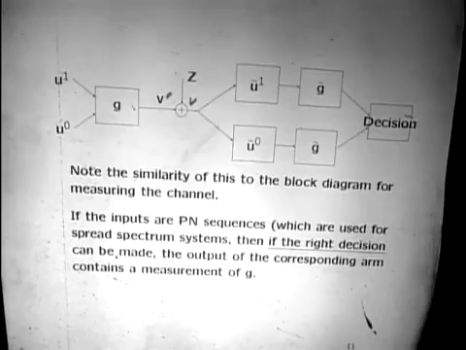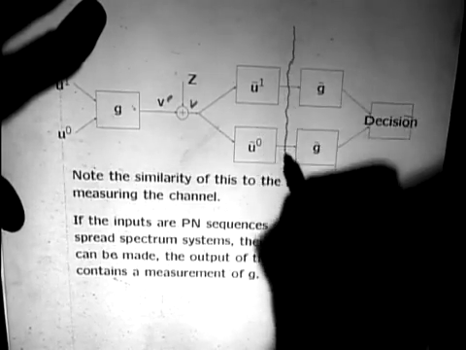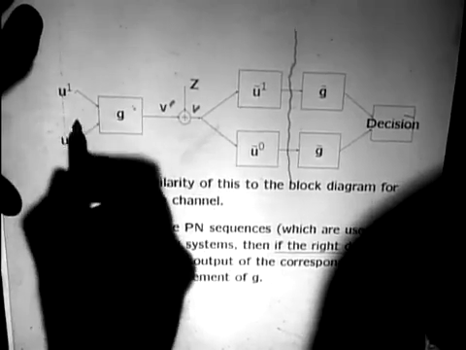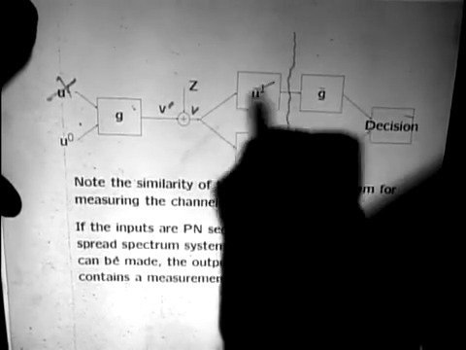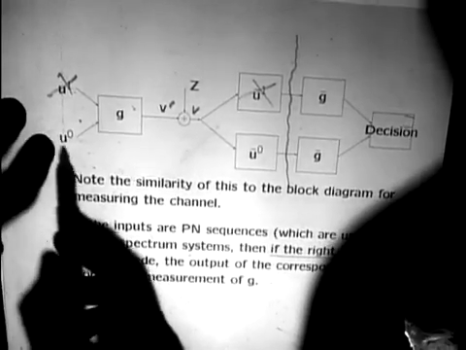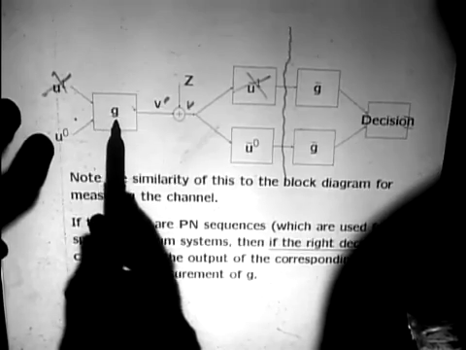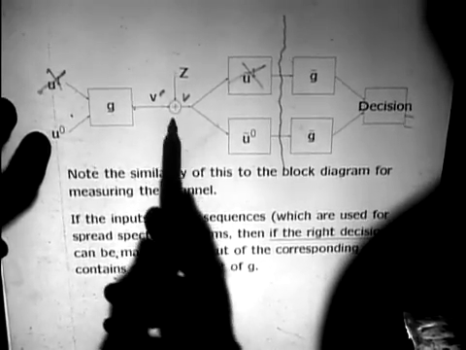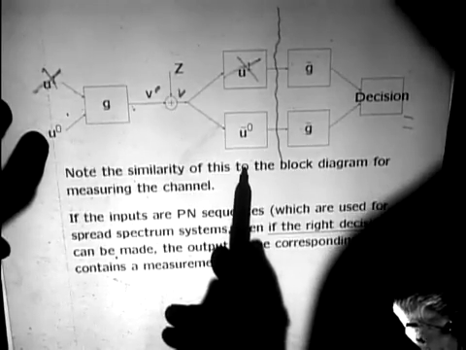Well, here comes the clincher to the argument. Look at what happens right there if I forget about this and I forget about this. What I get here is U0 coming in. It's coming through the filter G. It has white noise added to it. It goes through the matched filter to U0.